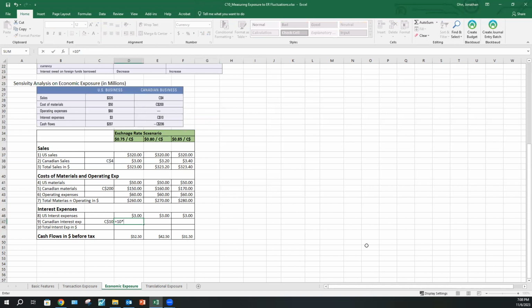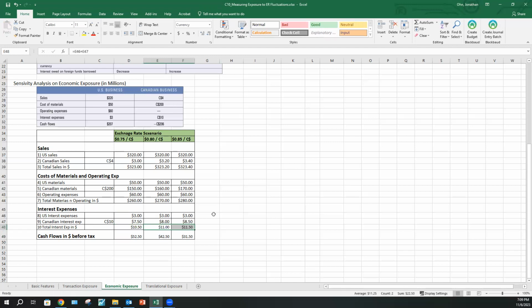So 10 million times 0.75 is in US dollars. And then this one is 0.80 times 10 million. And this one is 10 million times 0.85. So we calculate total interest expenses as this one plus this one. It's just copy and paste.